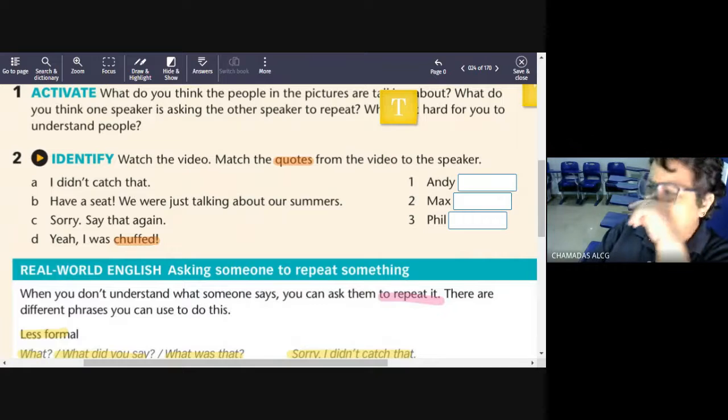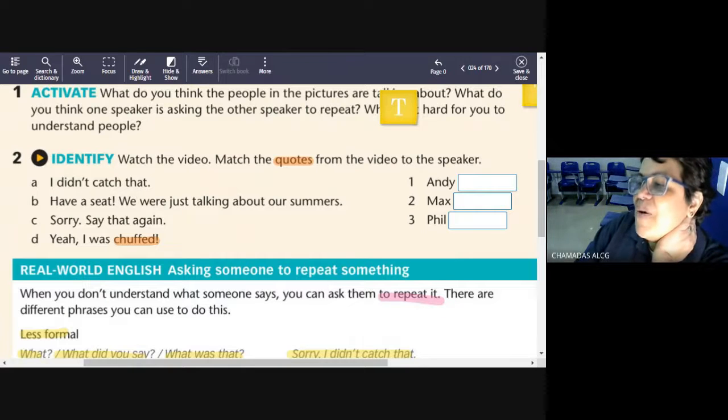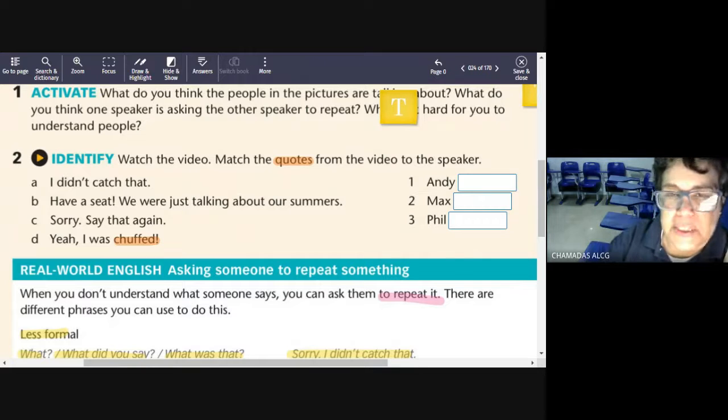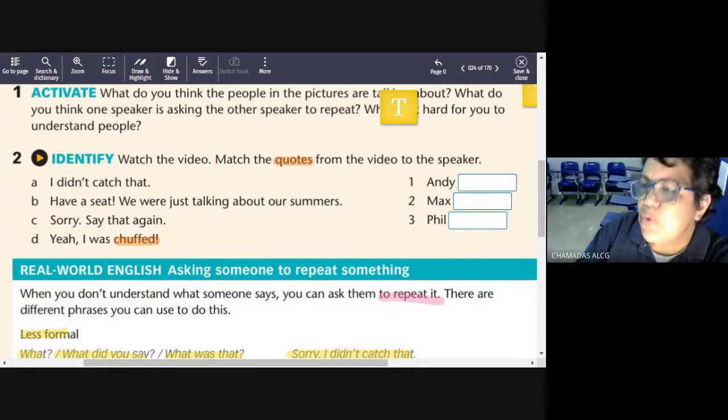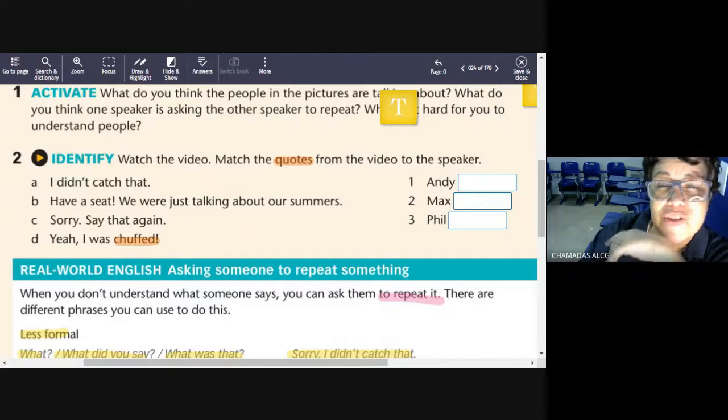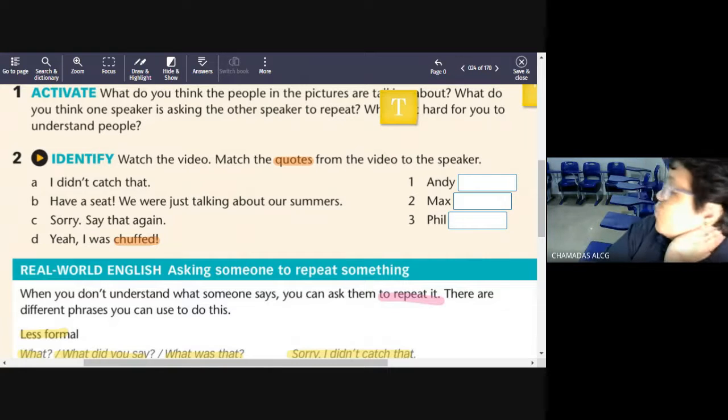Okay, people. So let's see if we can watch one more time so we can do the activity. Did you find out the meaning of the word chuffed? What does it mean?